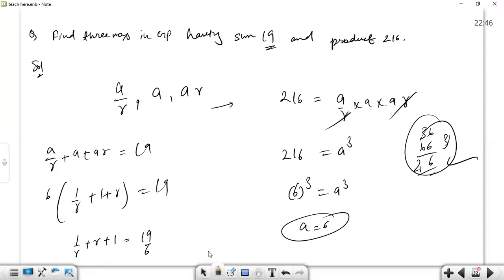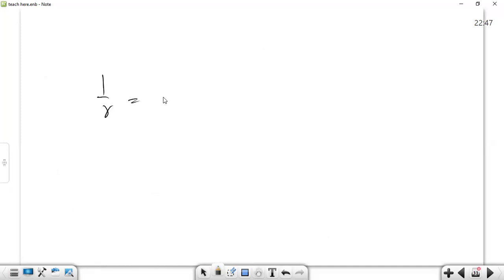Let's solve it further. 1 by r plus r becomes 19 by 6 minus 1, that becomes (19 minus 6) by 6, so 13 by 6. By looking at it only, we are able to understand what the answer is. Anyways, let's solve it also.